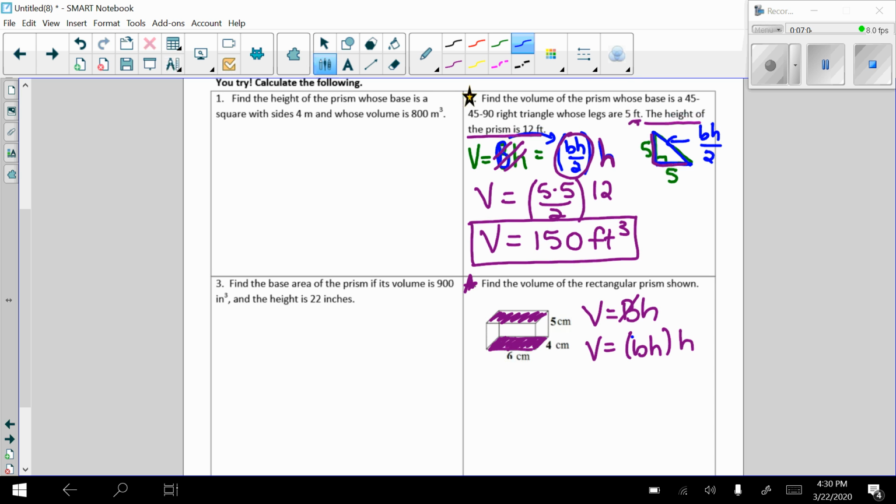So base and height refer solely to this rectangle right here. We're going to get volume equals 6 times 4, and then the height is the distance between the two bases, which is 5. When we multiply all of these numbers together, we get 24 times 5, which is 120 centimeters cubed. And that is the volume of this prism.